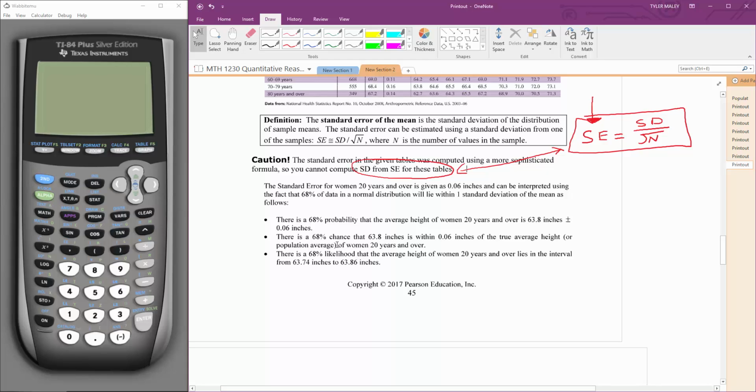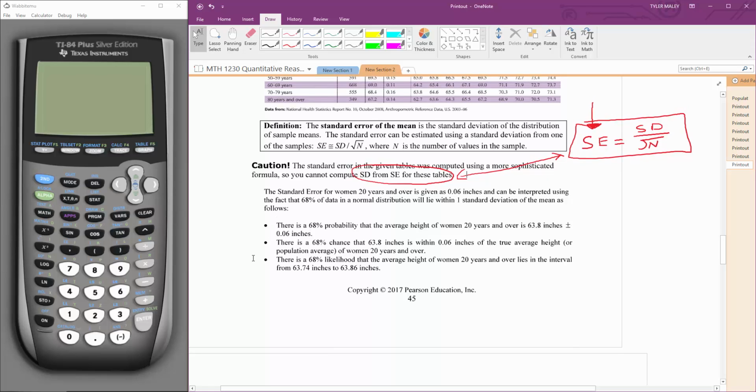There is a 68% chance that 63.8 inches is within 0.06 inches of the true average height, or population average, of women 20 years and over. And the next bullet says there is a 68% likelihood that the average height of women 20 years and over lies in the interval from 63.74 inches to 63.86 inches.